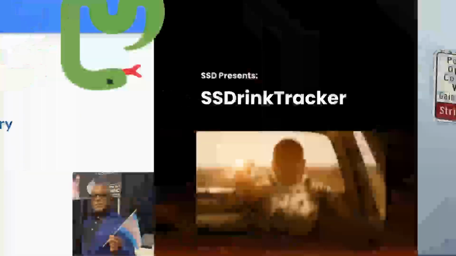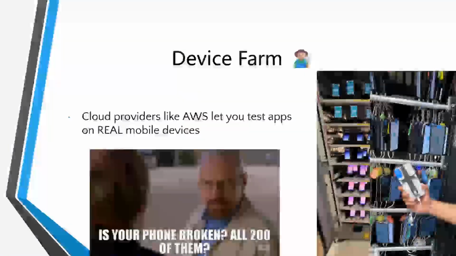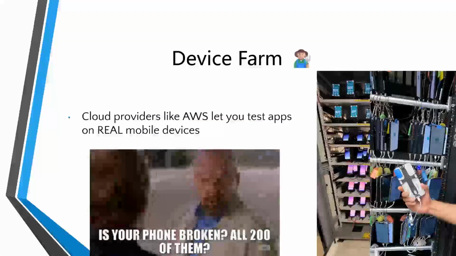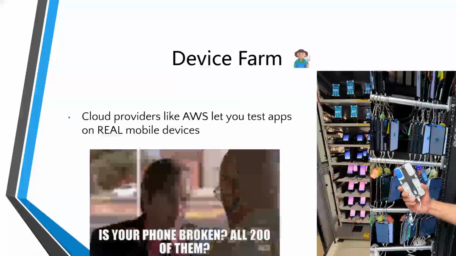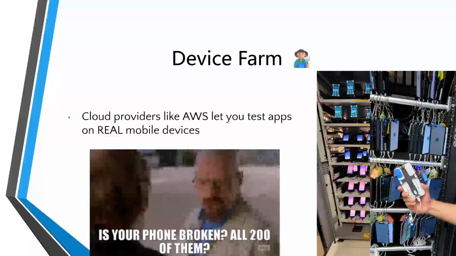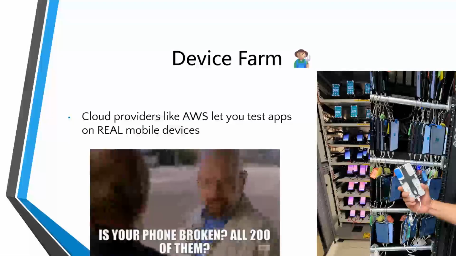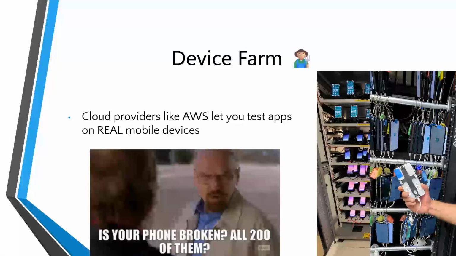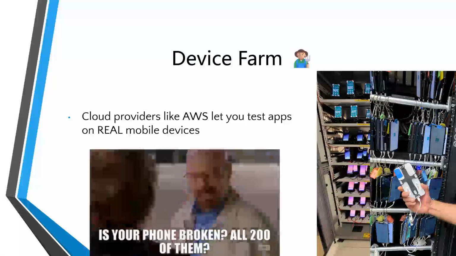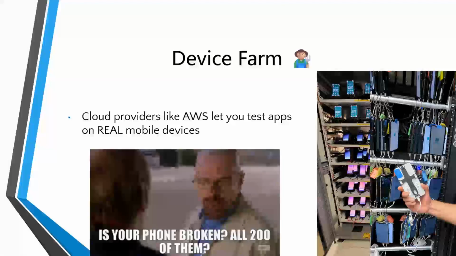We're kind of reaching the end here. I'll just mention this quickly. There's something called AWS Device Farm that lets you test mobile apps using real mobile phones, but the phones are stored somewhere in AWS warehouses.